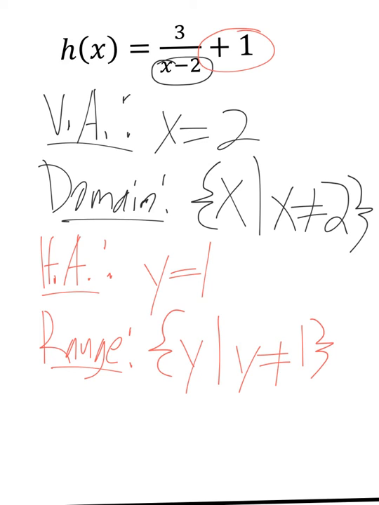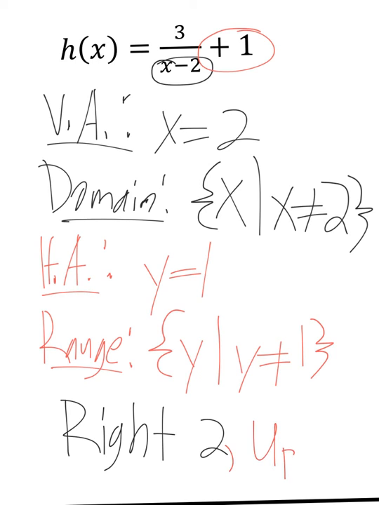I had two transformations. That -2 is on the inside. If it's on the denominator of the fraction, it's counted as the inside. So that means that's going to go right 2. And then that +1 was on the outside, so that means it's going to go up 1. And then look, your horizontal asymptote was at +1. So right 2 and up 1 are your transformations.